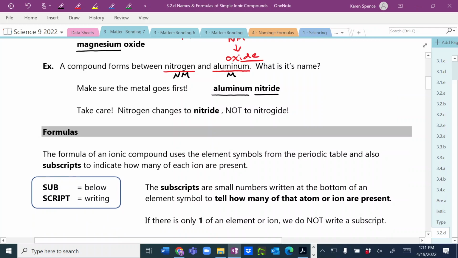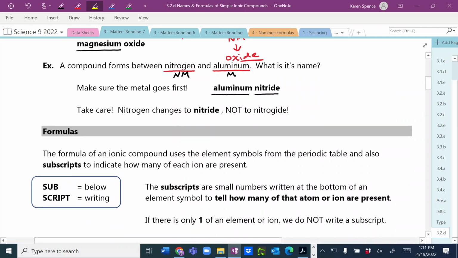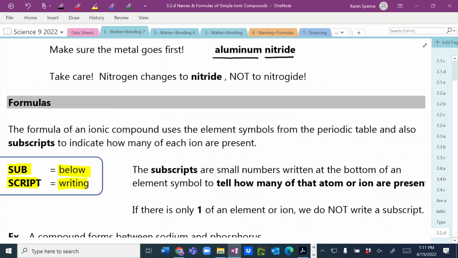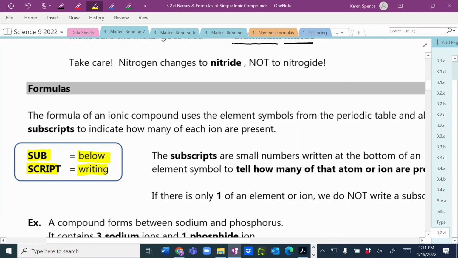Does the word subscript ring any bells? Subscript, below writing. What kind of thing are we writing below the writing? We're writing a little number. So they are small numbers, written at the bottom of an element symbol, and it tells us how many of that atom.